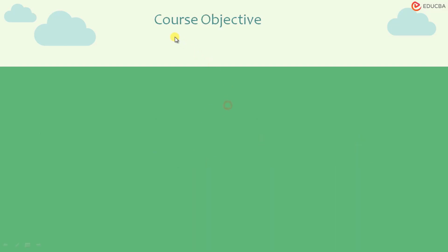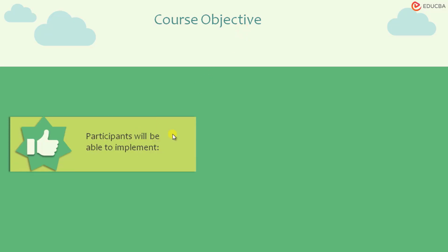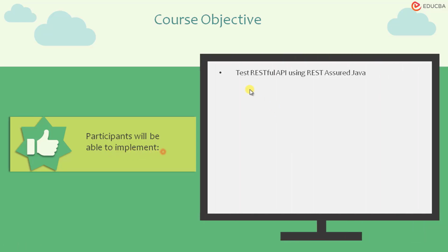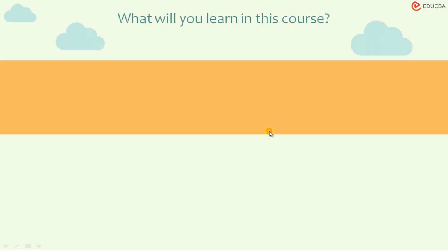Now, course objectives. From this course, what are we going to learn? From this course, participants will be able to implement testing of RESTful API using REST assured Java, different types of requests in testing, authentication, serialization.